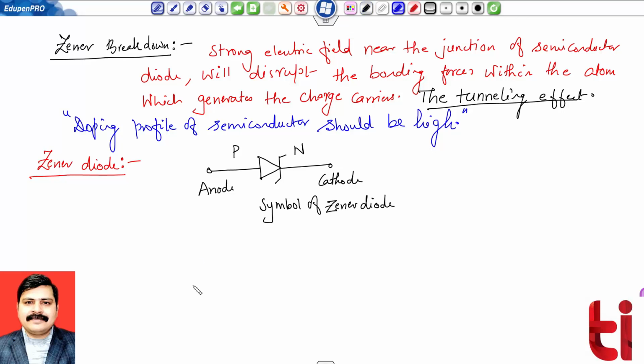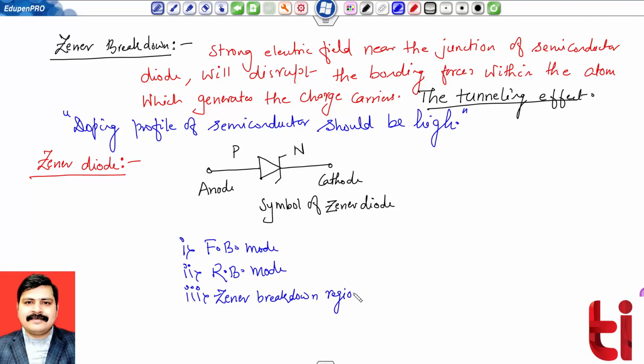As far as the performance is concerned, it works in three regions. So I'm summarizing. The first one is the same as what we have covered in the ordinary PN junction diode, forward bias mode. The second one is reverse bias mode, and the third one is the breakdown region, or specifically the Zener breakdown region.